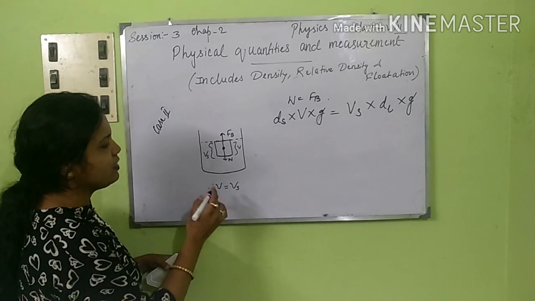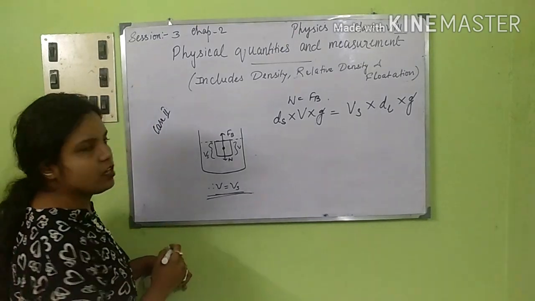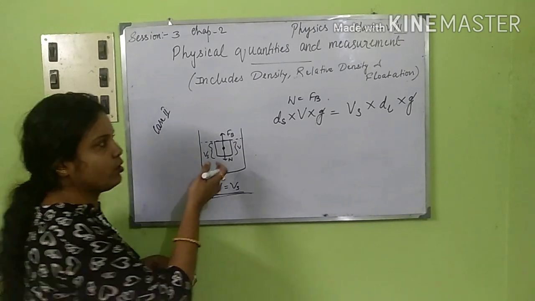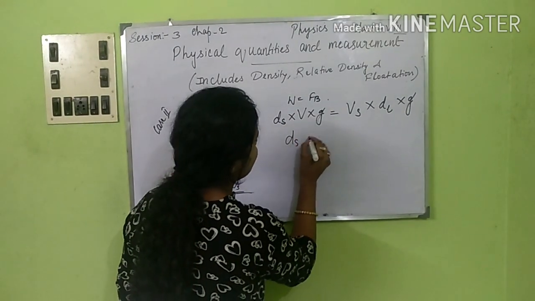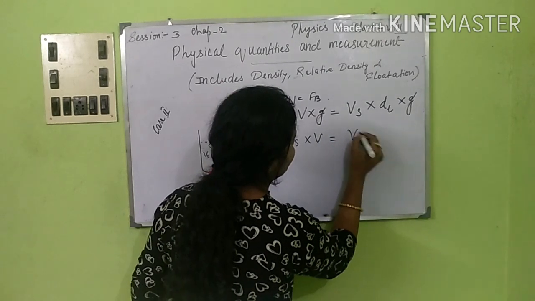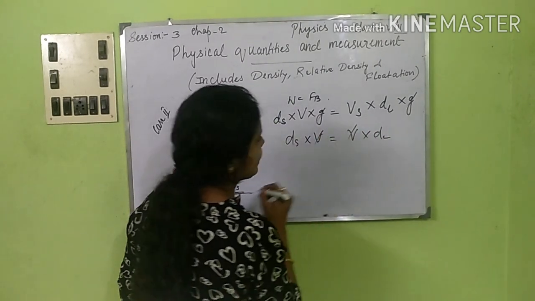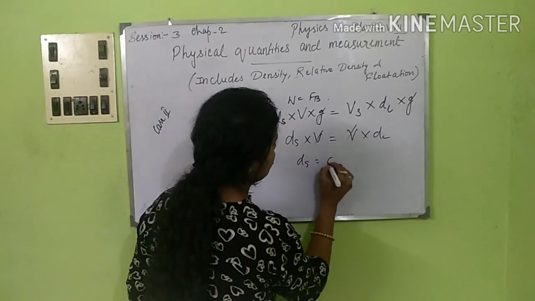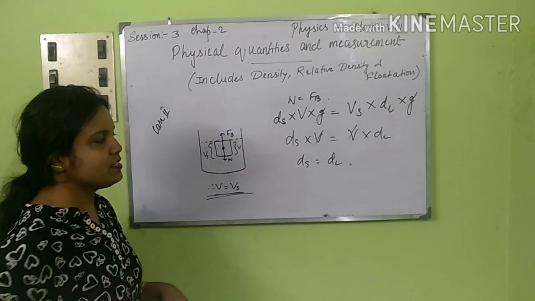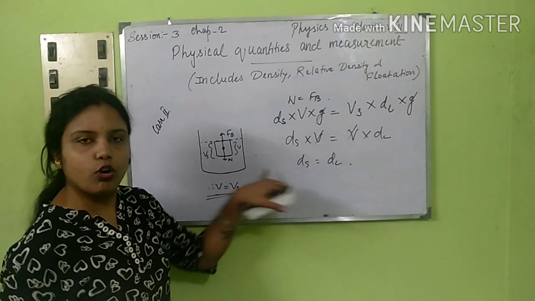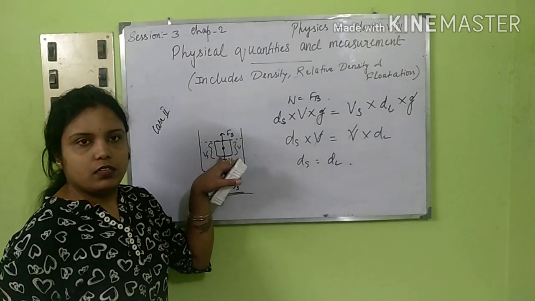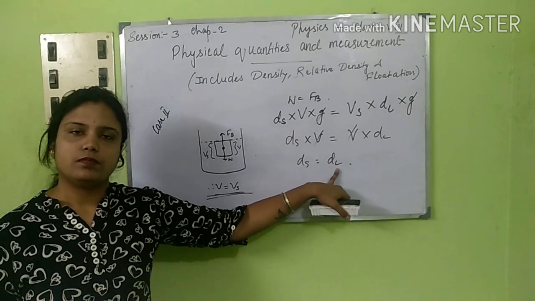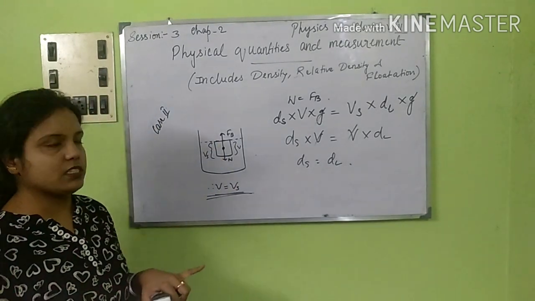And we have already seen that these two volumes are same, the volume of the solid and the volume of the solid which is immersed inside the liquid. So obviously we can write ds into V equal to V into dl. So V can cancel, since they both are same. So ds is equal to dl. So from here you can see that the density of the solid or this particular body which you have taken is equal to the density of the liquid. So from this we are getting it.